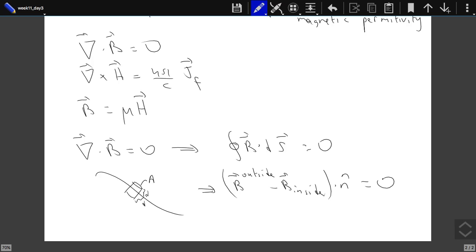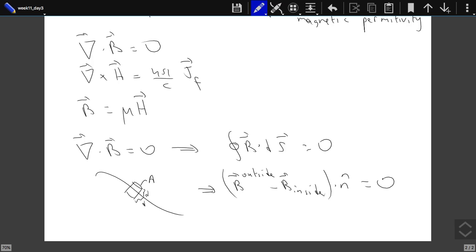The normal vector arises because the area vectors of the top and the bottom surfaces are perpendicular to the surface, and the perpendicular vector is n. The top and the bottom area vectors are pointing in opposite directions, so that's why we get the minus sign. This is the left-hand side, and the right-hand side is already 0. So this is one condition we have.